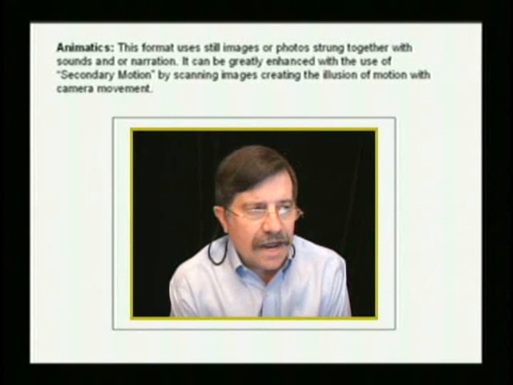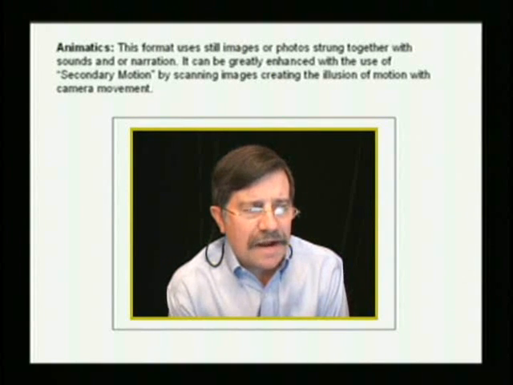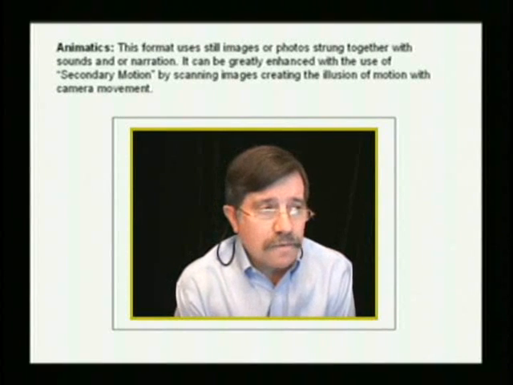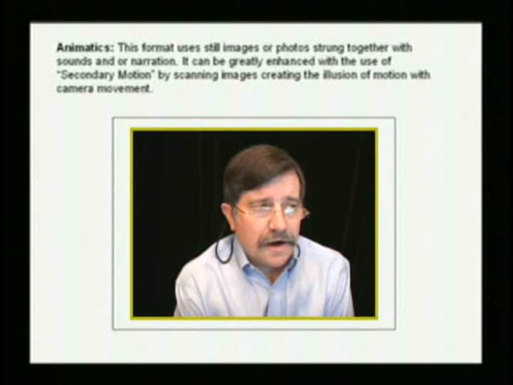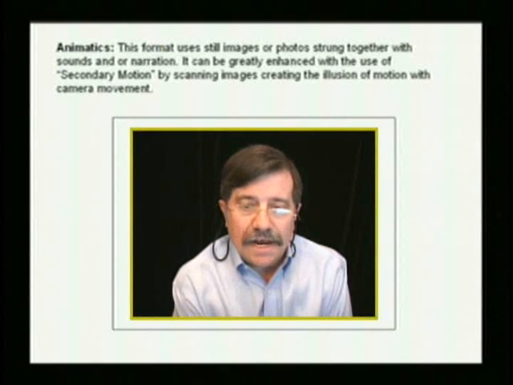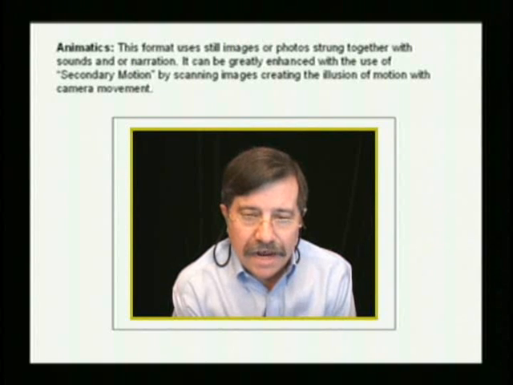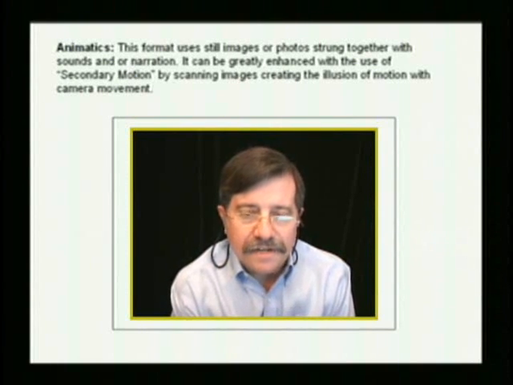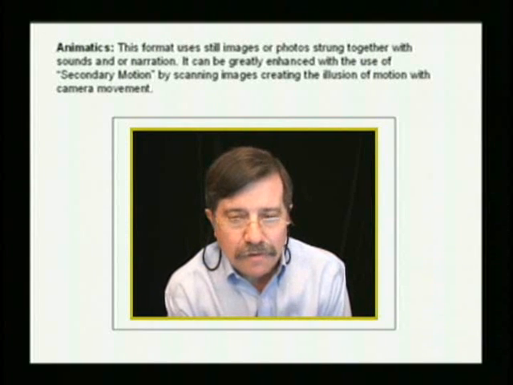Primarily, animatics gets its excitement from being a form of secondary motion emphasis. Basically, you use a camera to scan a still picture or a still object, and you create the effect of motion by moving the camera.